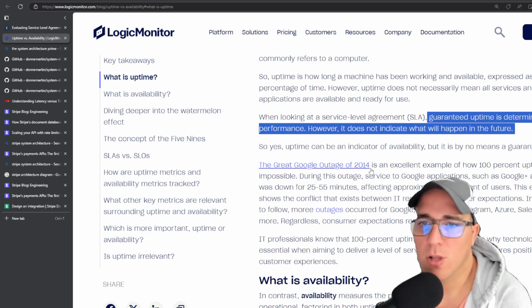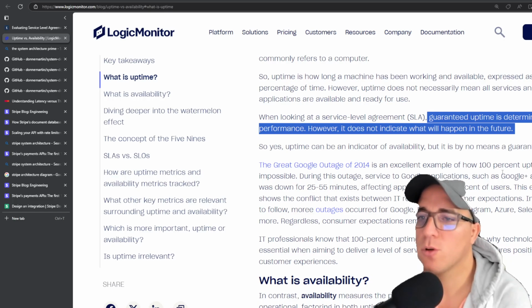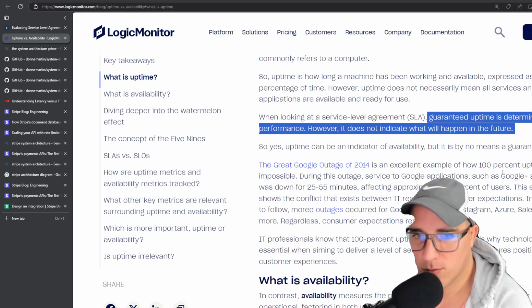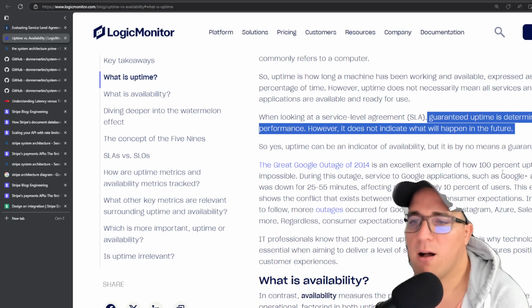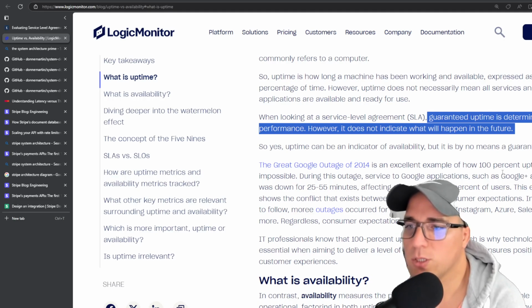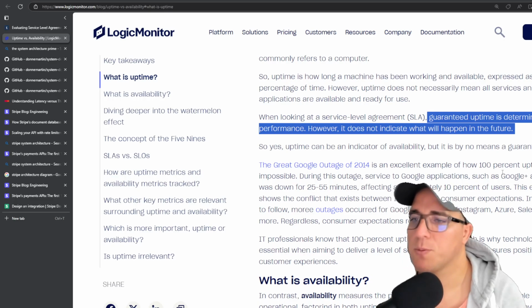The Great Google Outage in 2014 is an excellent example of how 100% uptime is impossible. During this outage, service to Google applications such as Google Plus and Gmail was down for around 55 minutes, affecting approximately 10% of the users. This example shows the conflict that exists between IT reality and consumer expectations.